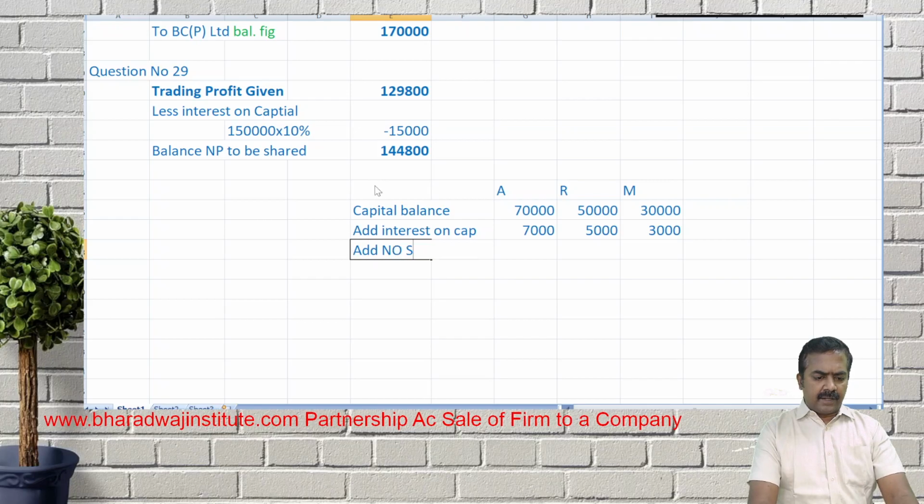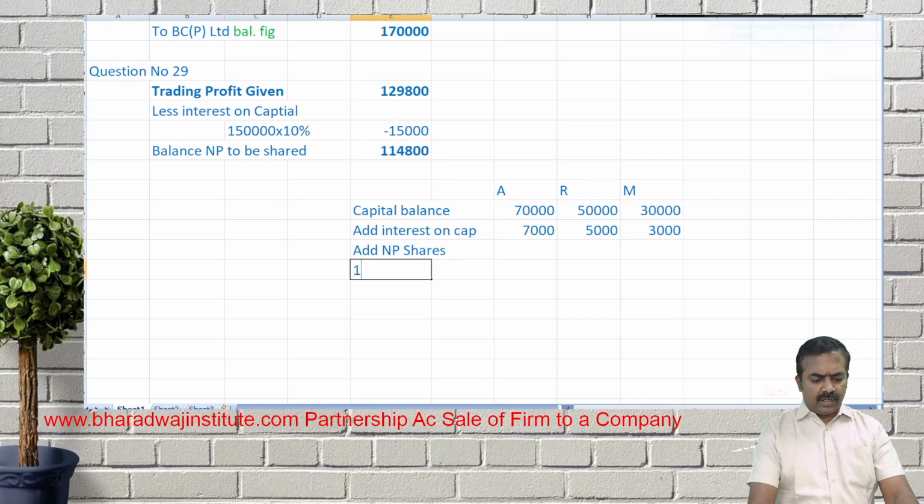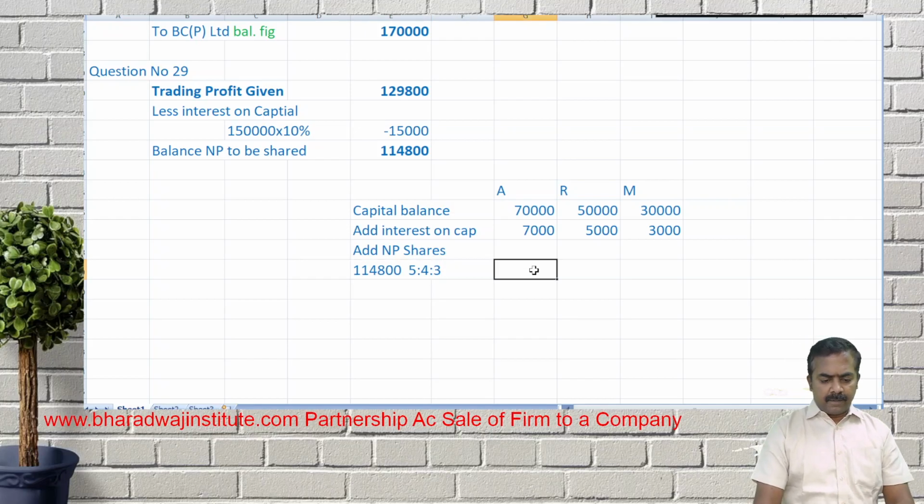Add net profit share. Net profit share 1,14,800 என்ன ரேஷியோல ஷேர் பண்ணணும்? 5:4:3. 5:4:3 ரேஷியோல ஷேர் பண்ணுங்க.